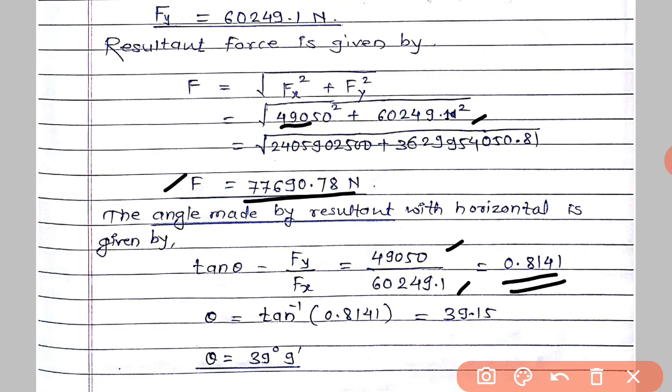So theta is equal to tan inverse of 0.8141, which comes as 39.15. Now convert it into degrees, minutes and seconds. It comes as 39 degrees 9 minutes and 0 seconds. So in this way the numerical on a curved surface can be solved.